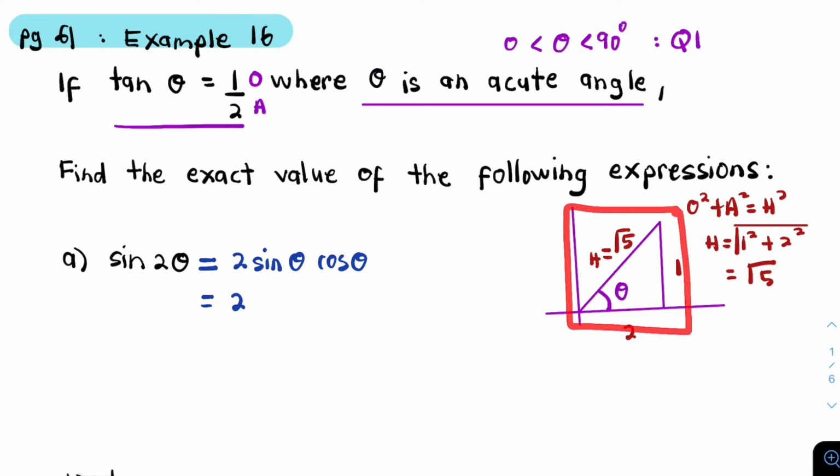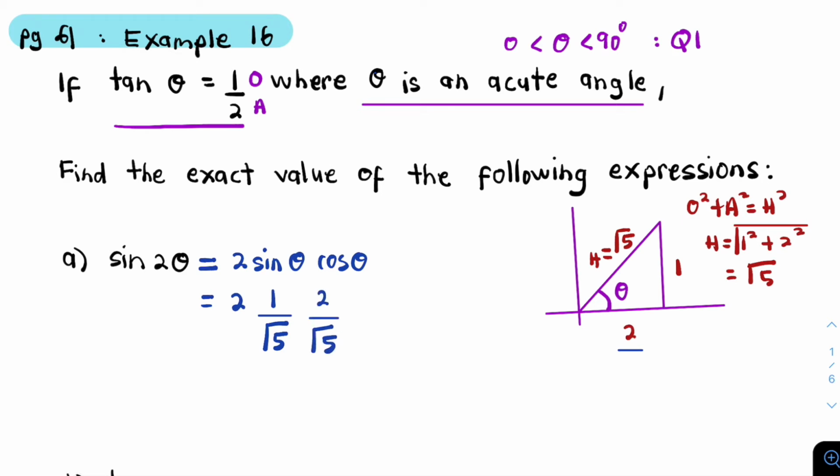Sine is SOH, opposite over hypotenuse, so opposite is 1, hypotenuse is square root 5. Cosine is CAH, adjacent over hypotenuse. So adjacent is 2, hypotenuse is square root 5. Okay, and then simplify your answer.